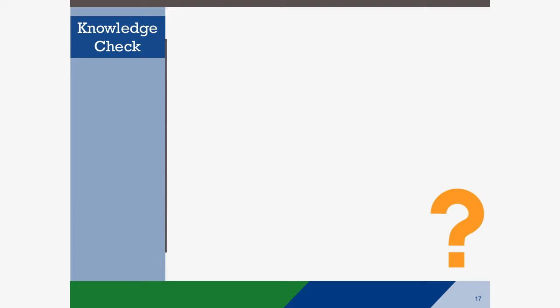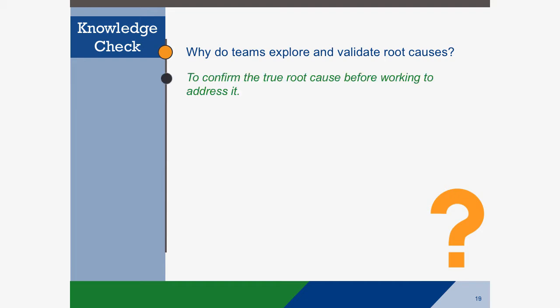Let's take a moment to check in on what we've learned about exploring and validating root causes. Why do teams explore and validate possible root causes? To address the true root cause before working to address it. How do teams explore and validate possible root causes?